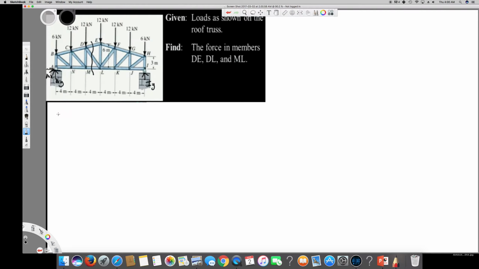If I take moment around A, the total moment is 0 in statics. I take counterclockwise positive. If you see, all of the 12s are acting downwards, so it means they're pushing this object clockwise, therefore all of them are going to be negative.